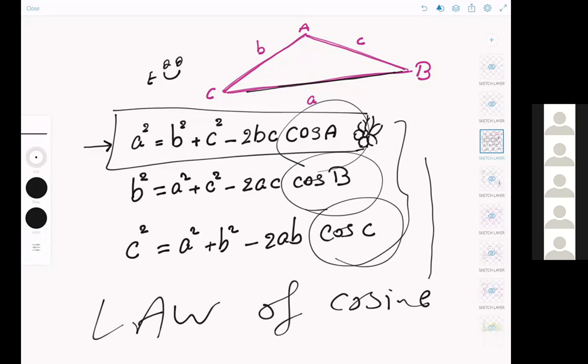Any question? Elizabeth, question? No. So you guys learned a new formula. So when I ask you to solve the triangle, we have law of cosine, law of sine, and the basic rule if the triangle is a right triangle.